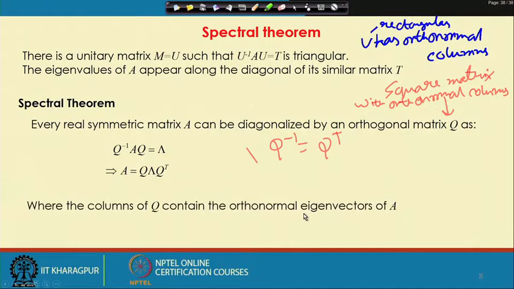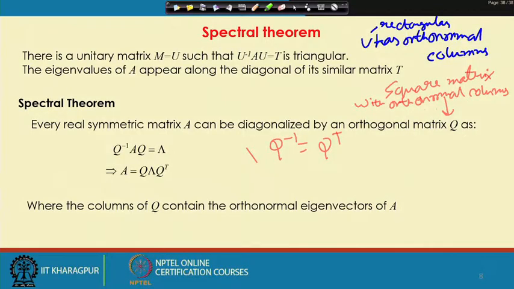So the spectral theorem states that A can be decomposed as the eigenvector matrix, times lambda, which is the diagonal matrix with eigenvalues on the diagonal, times Q transpose, or Q inverse AQ is equal to lambda, the eigenvalue matrix, where the columns of Q contain the orthonormal eigenvectors of A. For a real symmetric matrix, it is true that the eigenvectors are orthogonal to each other.